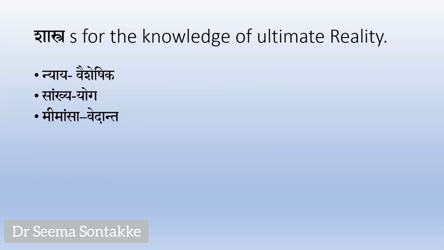So let us understand in short what is moksha as per each of these shastras and what kind of path is explained which leads the person towards the ultimate goal. So these are Nyaya, Vaisheshika, Sankhya, Yoga, and Mimamsa, Vedanta.